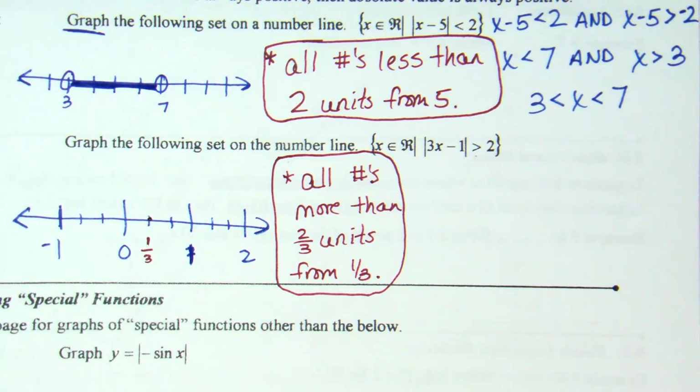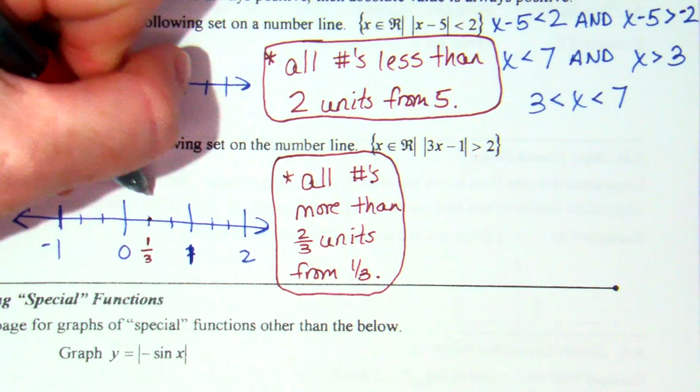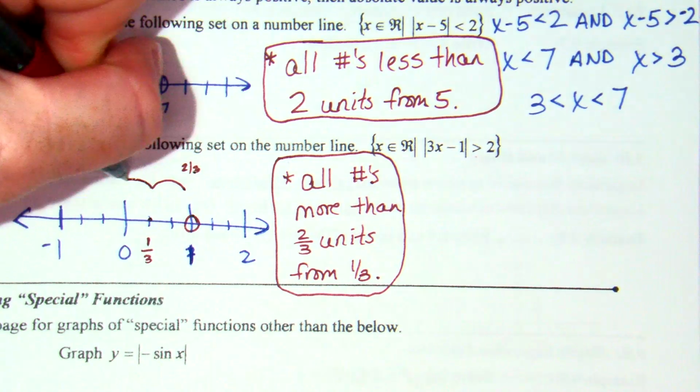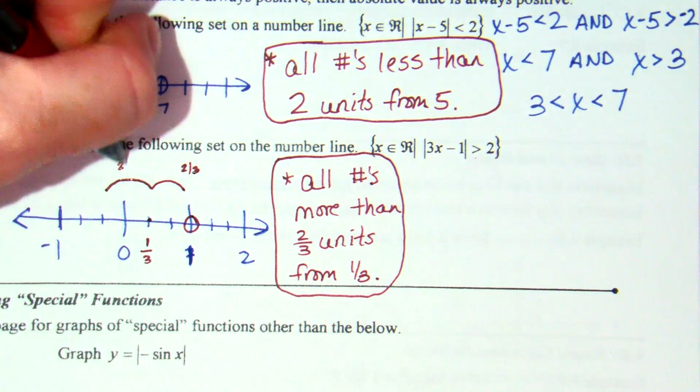But then it's more than 2/3. So what do I need to do from 1/3? We have to go 2/3 in either direction. So if I go 2/3 either direction, 2/3 to the right is going to be 1. We're going to have a circle at 1, and 2/3 to the left puts me at negative 1/3.